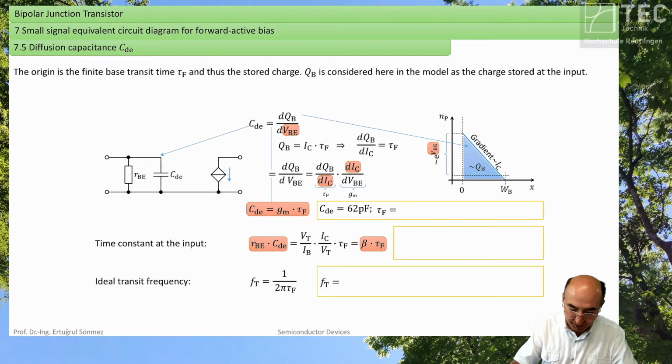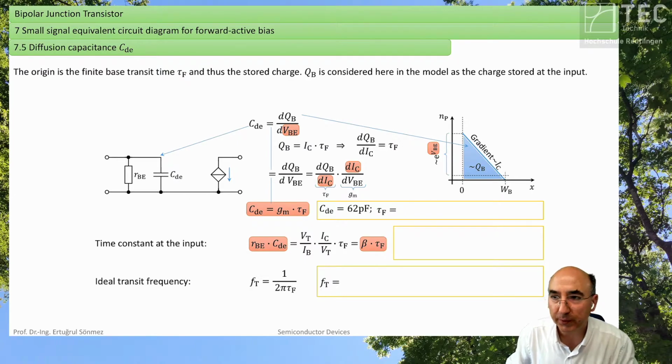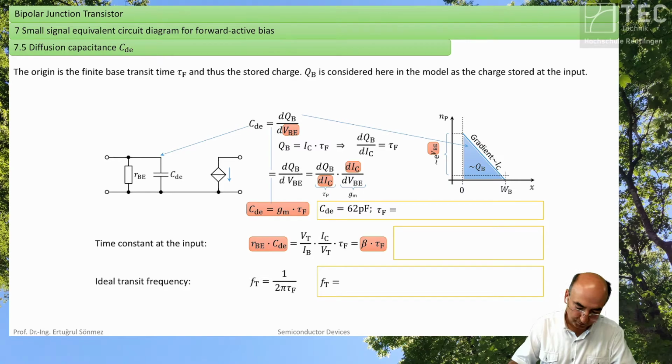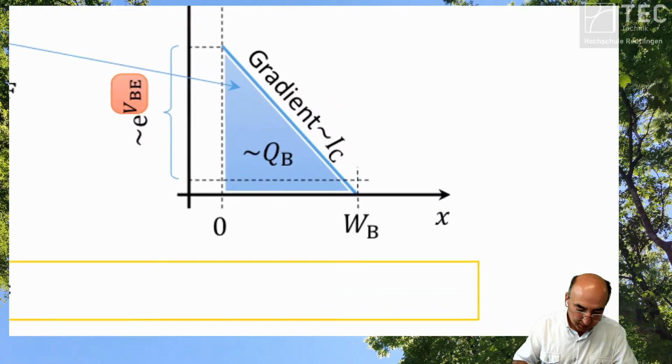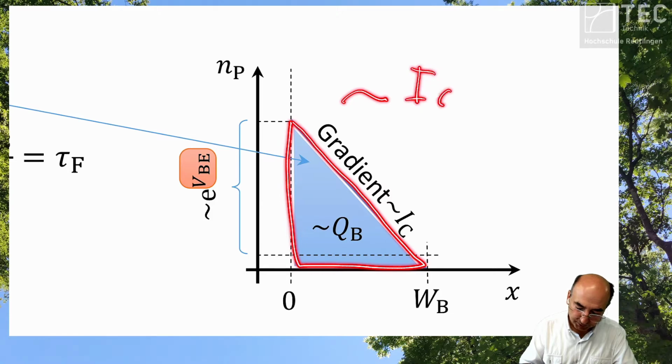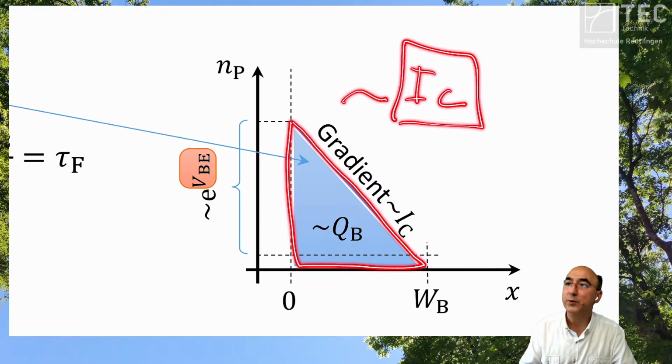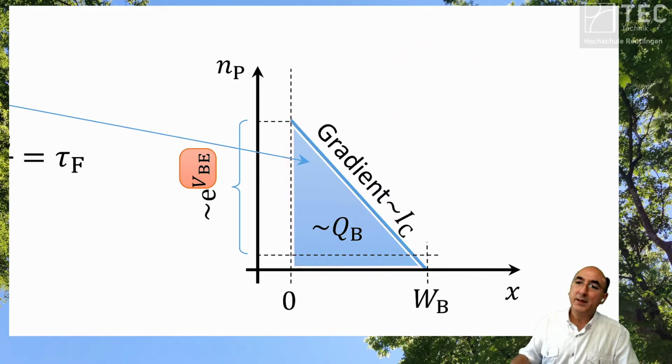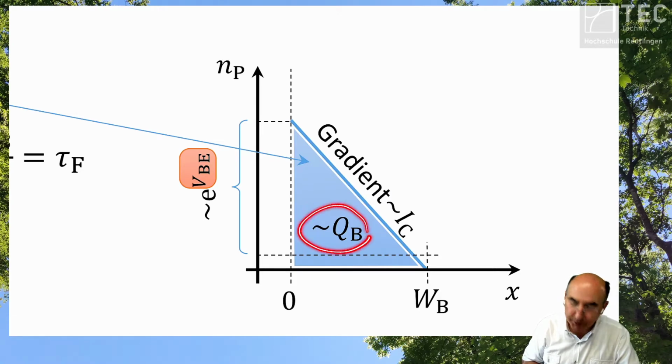Now we go over to take very important points in the frequency range into consideration. This gradient, this diffusion triangle, makes up our collector current. That's the most important point of the device. At the same time, it makes up a charge.